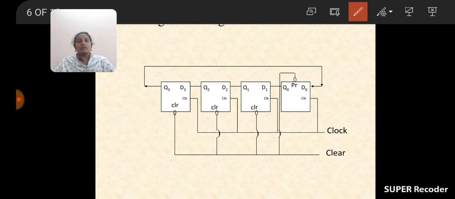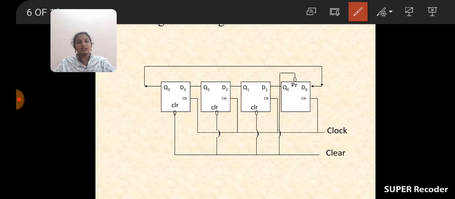And a very important point is the output of last stage flip-flop is connected to the input of first one. So in this way, the flip-flops form a ring fashion, and it becomes a synchronous counter.